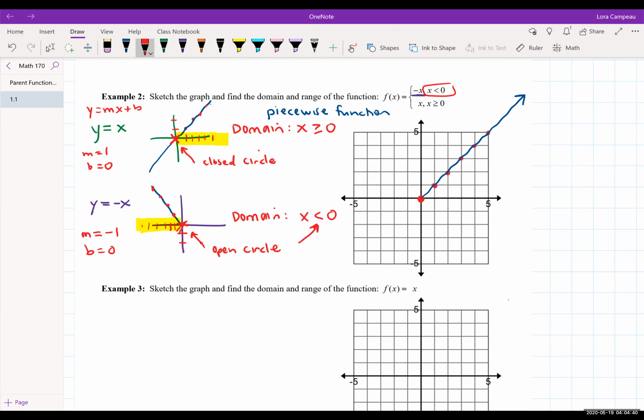Now, if we're going to transpose that onto our formal graph, we're going to see, even if we did make the open circle, it got closed by the piece on the right side. So I won't even put that there. I can now use, and I'll draw it maybe a slightly different color just so it helps us, again, we're looking at this side of the function. And remember, it goes on and on forever.